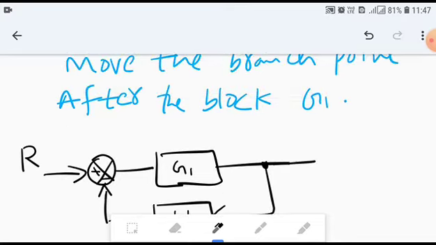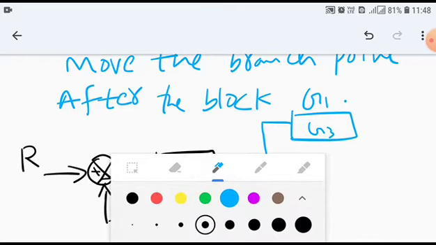Okay, here we have shifted the branch point, which I'll change color here, this one. So earlier it is G3, only G3 we have. Now because we are moving the branch point after the block, we are getting extra gain of G1 into G3 like this.